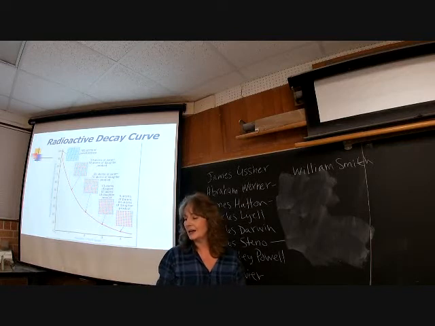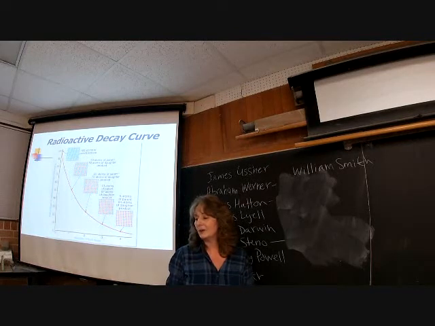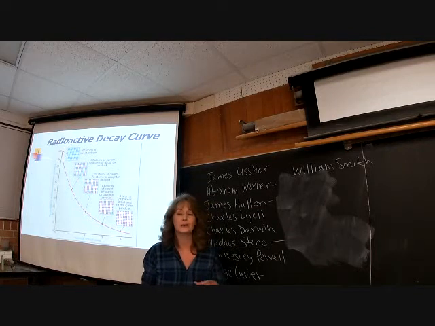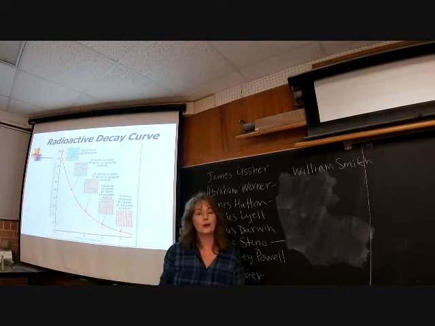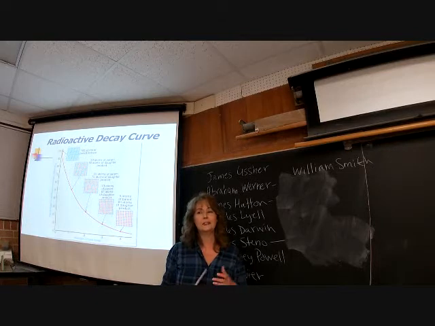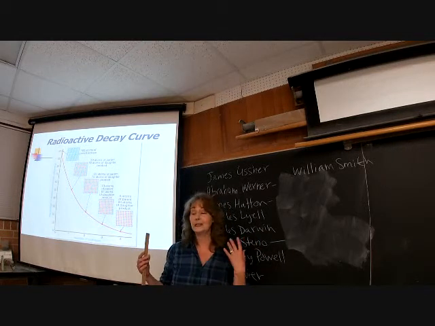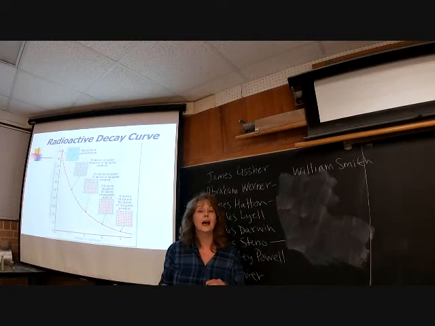Another one that they don't really talk about in your PowerPoints is carbon-14. That's the radioactive isotope. Carbon-12 is like your normal one, but you can have a radioactive isotope of carbon-14. So in living organisms, as they're living, they're taking in carbon-12 and carbon-14 naturally from the atmosphere.